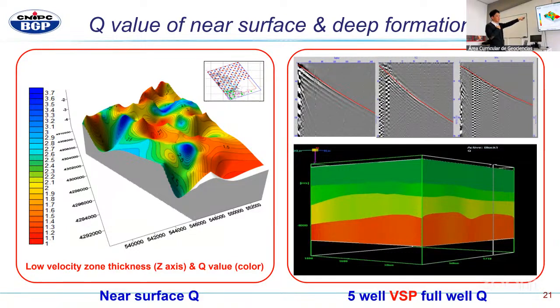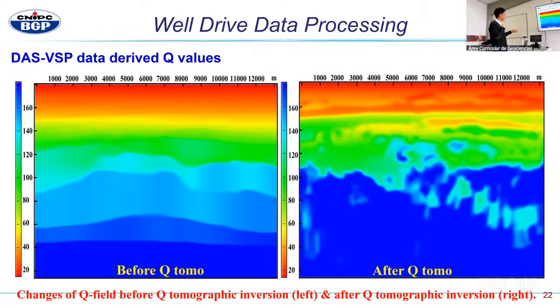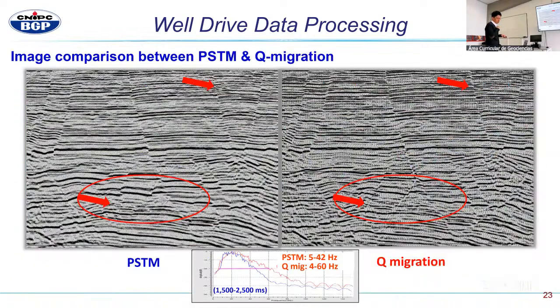And on the right, we just perforate the DAS VSP to form the full well Q migration. So this is before the Q tuning, and this is after Q tuning. We combine the uphole data and the VSP data again. And after that, we can use this Q value to do the migration.